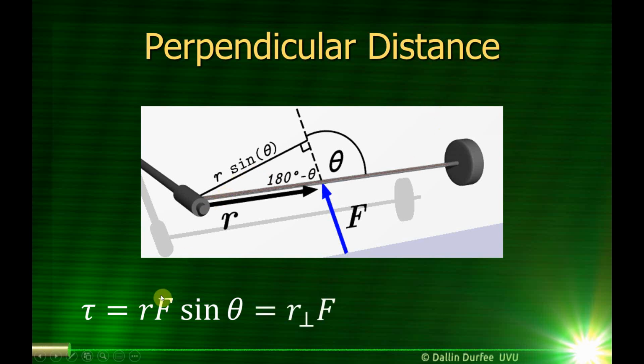So the magnitude of the torque is rF sine theta, but it's also equal to the perpendicular distance times F. One way to find the magnitude of the torque is to take r, F, and multiply by the sine of the angle as you go from r to F. But another way is to draw a line in the direction of the force, where the force is being applied to our object, and then draw a line from the pivot point to the force line which is perpendicular to it.